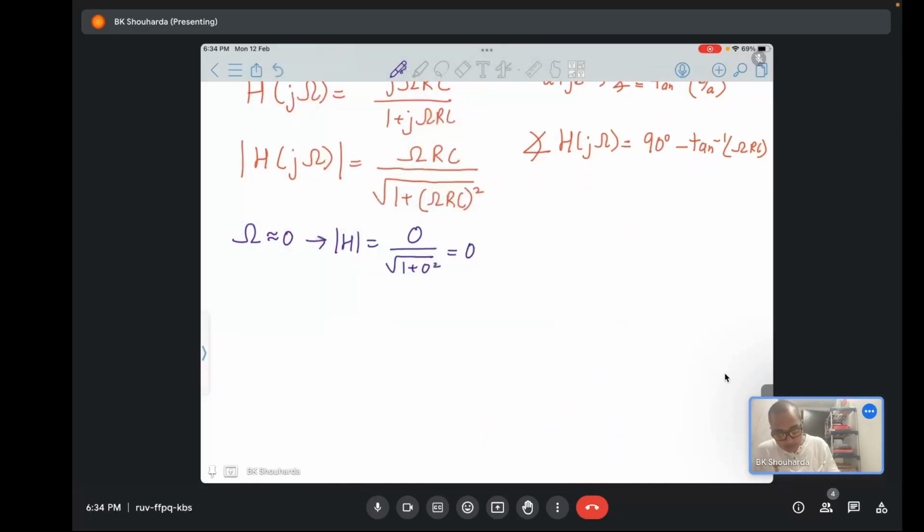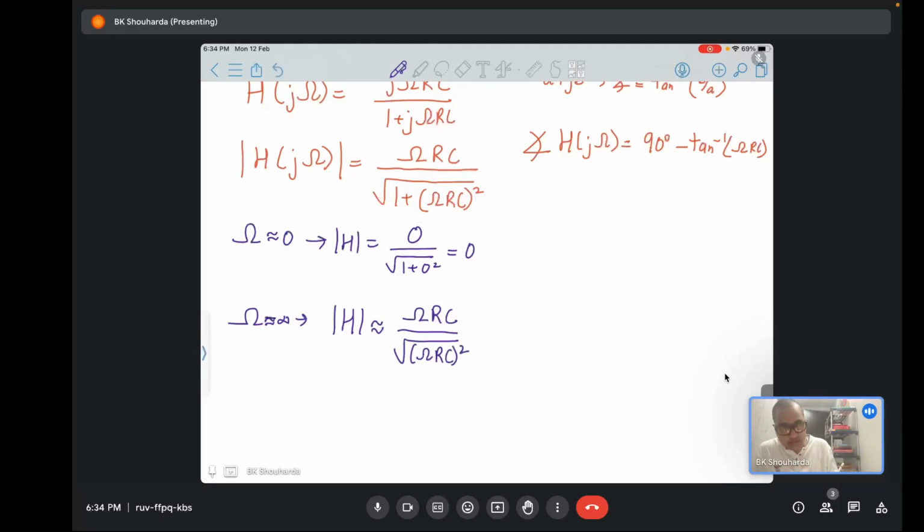Now if we make omega approach infinity, what will H be? We will not substitute omega equal to infinity here. The numerator remains omega RC, which is a very high number, but the denominator is 1 plus omega RC whole square, and when omega goes to infinity, the 1 becomes negligible. So what do we do in engineering as a practice? In such cases, we remove the constant and keep the variable term.